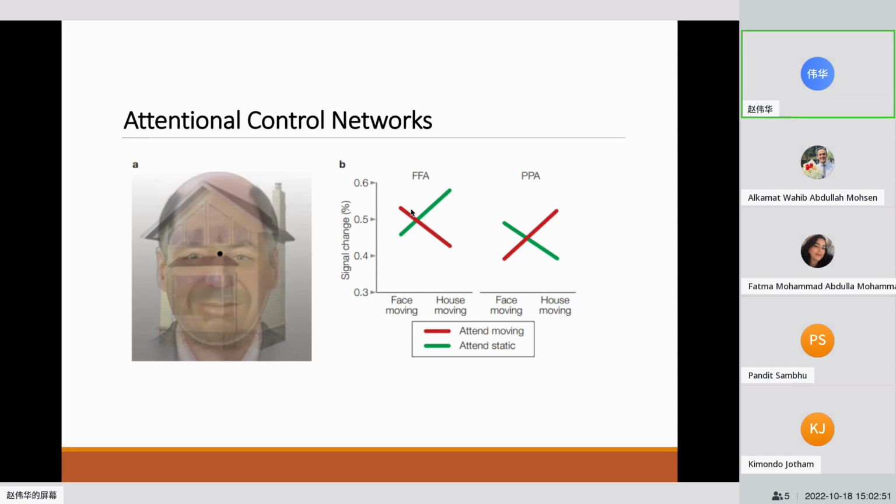However, when the participants attended to the horse, the opposite pattern of activity was observed. Here, when the horse is moving and we attend to the moving, it decreased in the FFA region, but it increased in the PPA region.